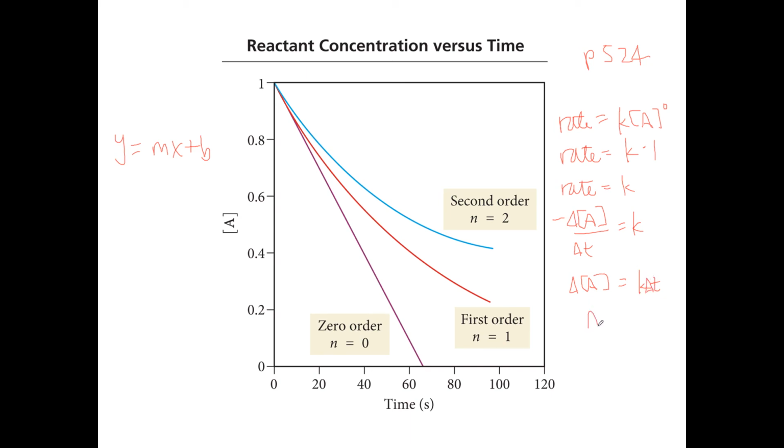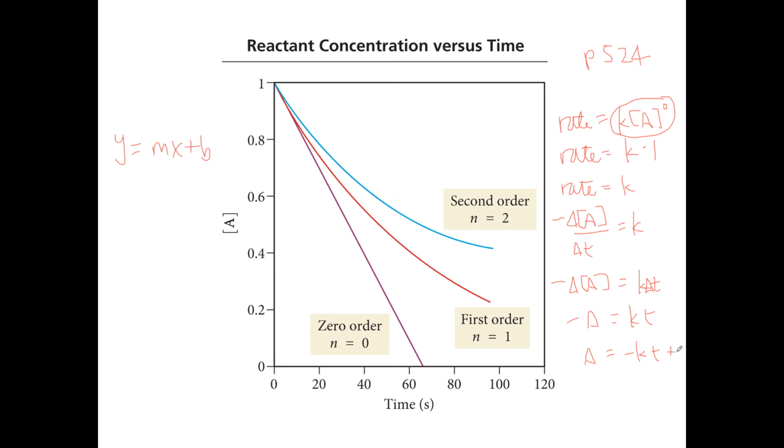Minus dA is equal to K dt, or A is equal to minus Kt. That's if this was 0th order. If this is 0th order, then we're going to have A equal to negative Kt. And that's exactly what we have here. We have a linear relationship between A and time. Can you see that? And what's the slope in this line here? What's the slope?